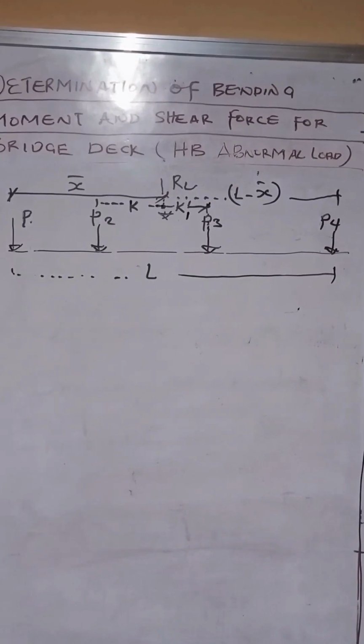So what we are saying is that the maximum moment of this set of concentrated loads on a simply supported beam is obtained when the vehicle, or all these loads, are placed in such a way that the equidistance between the center line of K is placed to coincide with the center line of the beam.